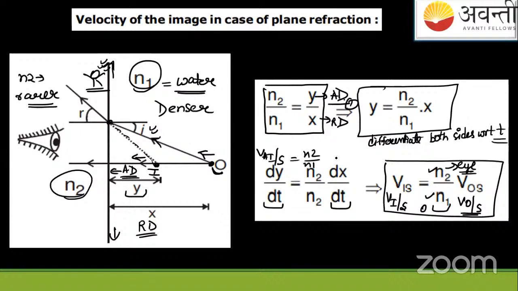It's very easy to differentiate this; it's not rocket science. Velocity of dx means the velocity of the real depth of the object with respect to the surface. Got it? So this is the formula here.